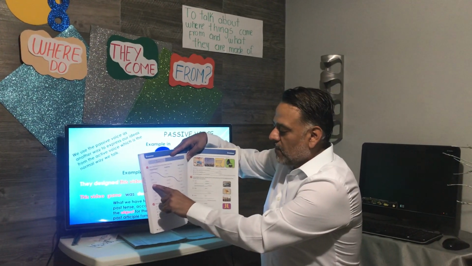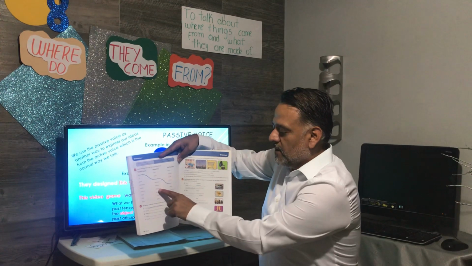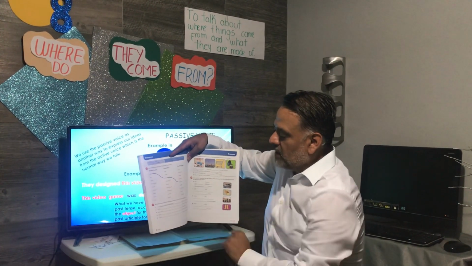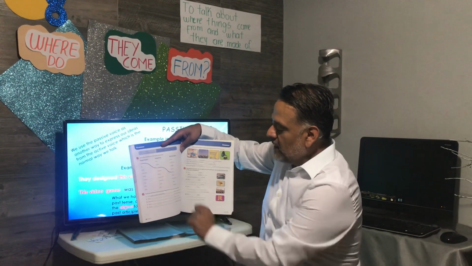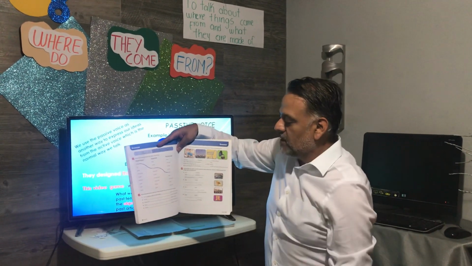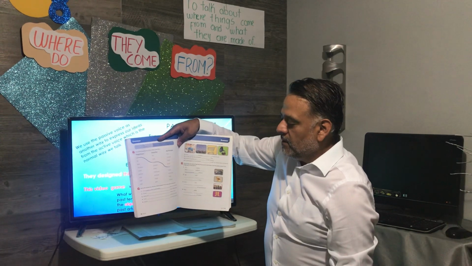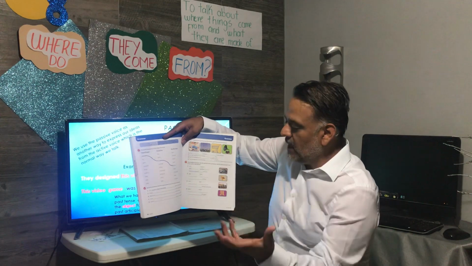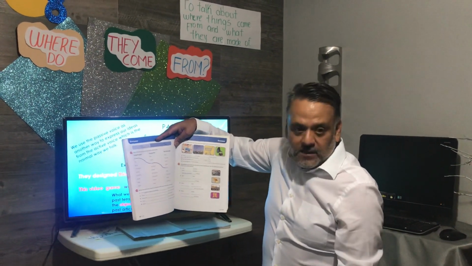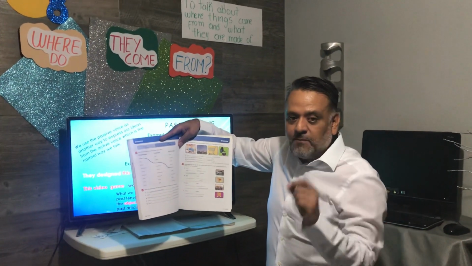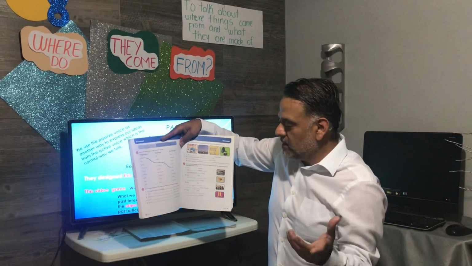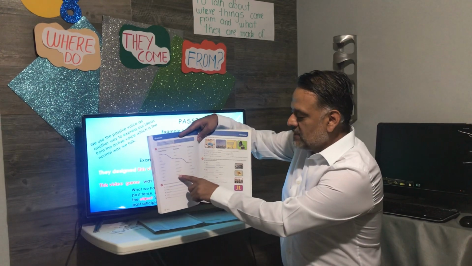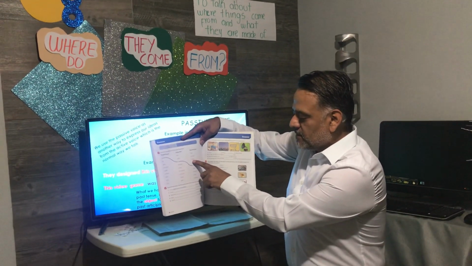Introduce, introduced, and introduced. Now, for example, invent, invented, and invented. Make, what is make? Made and made. Mind, remember the ones that we did? Mind, mind. And the last one, raise, raised, and raised.